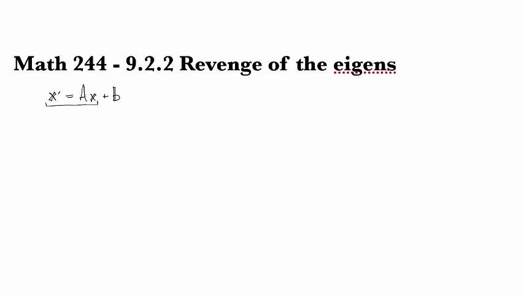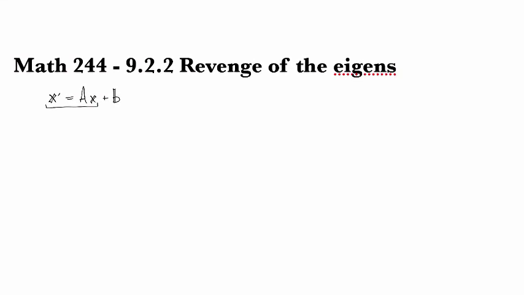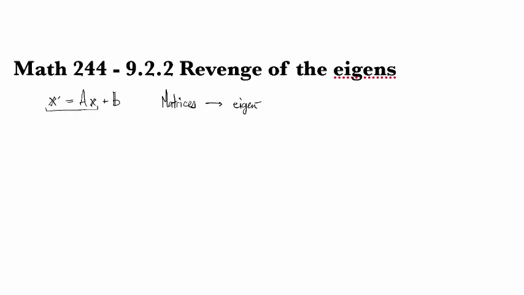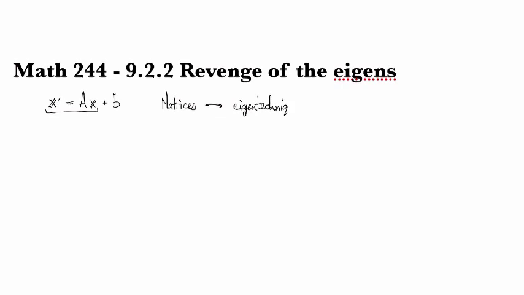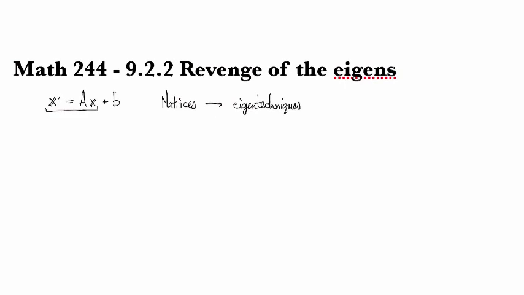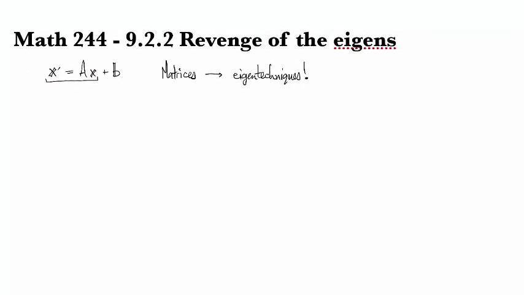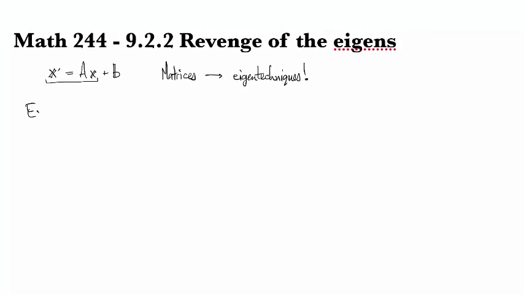So the idea is that recasting our system in terms of matrices facilitates the use of eigen techniques. And so this is why we learned about eigenvalues previously. And so let's take an example and see how this works.